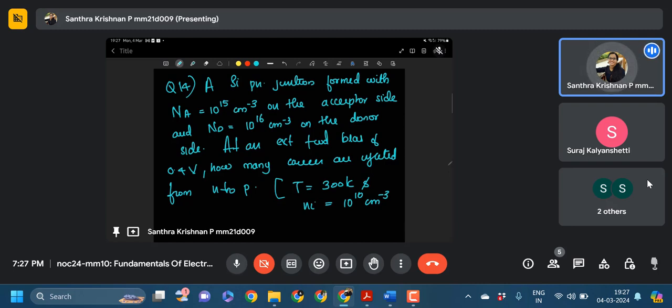There is a silicon PN junction. N_a and N_d are given, that is the holes and electrons on the acceptor and donor sides. And they have asked that at an external forward bias of 0.4 volt, how many carriers are injected from N to P? Temperature and n_i are also given.